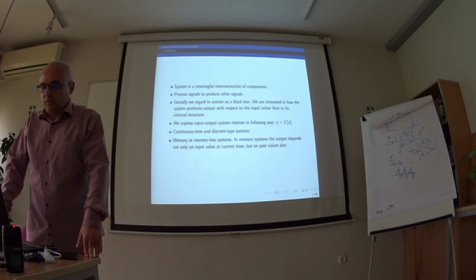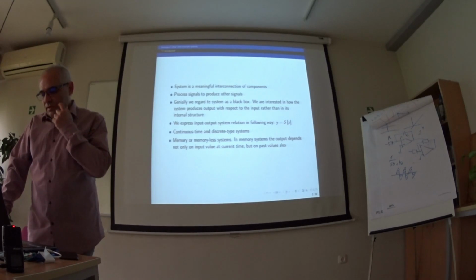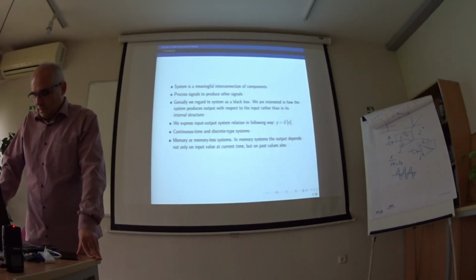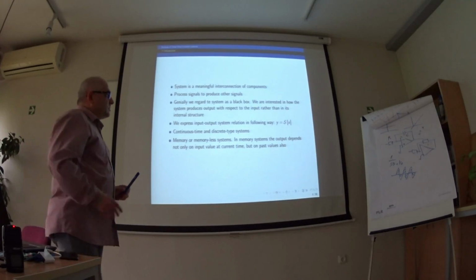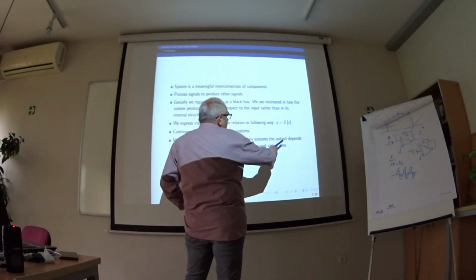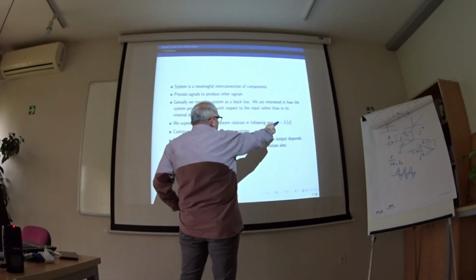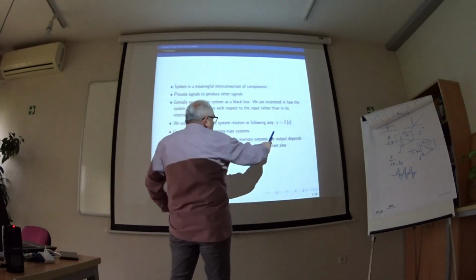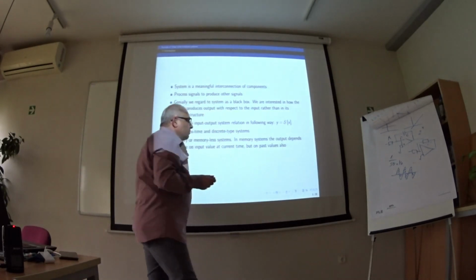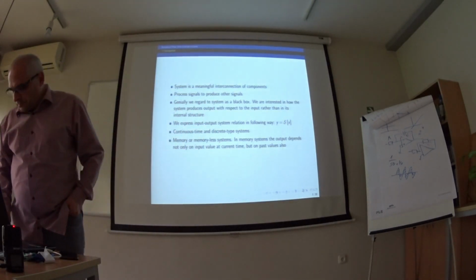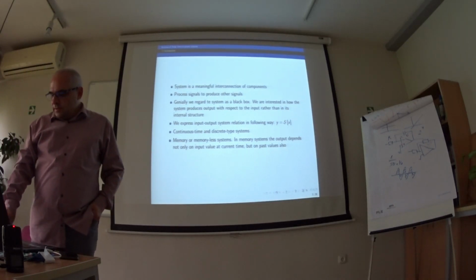Continuous time systems are those that process continuous signals. Obviously, discrete time systems are those that work with sampled signals. A system takes the input signal X and produces some output Y. We denote this change by S. Memory and memoryless systems.